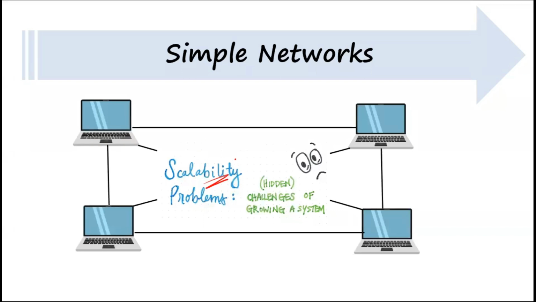Scalability is when you can make a system grow as the technology grows, as the advancement happens. But if the number of computers increases, we cannot connect each computer to each of the other computers, because there are billions of devices on the internet, and it is not possible to have a direct connection between billions of devices. We cannot connect one computer with billions of computers out there. So there must be some way.